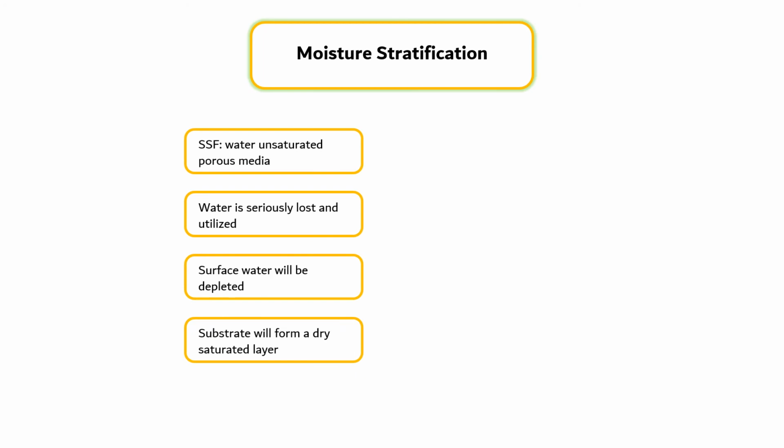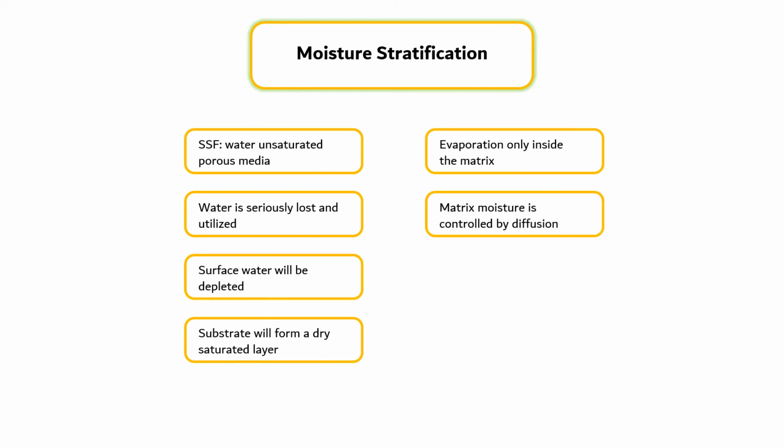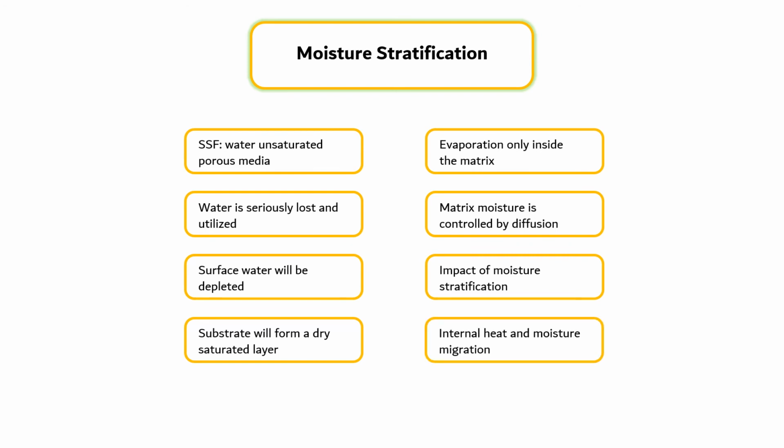After the dry saturated layer forms, evaporation does not take place on the surface of the substrate, but only inside the matrix. The moisture evaporation intensity decreases, and the loss of matrix moisture is controlled by diffusion from vapor to air, and it is related to the thickness of the dry saturated layer. Therefore, the study of the actual system must also consider the impact of moisture stratification on its internal heat and moisture migration.